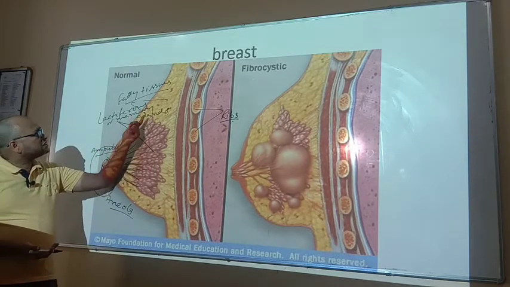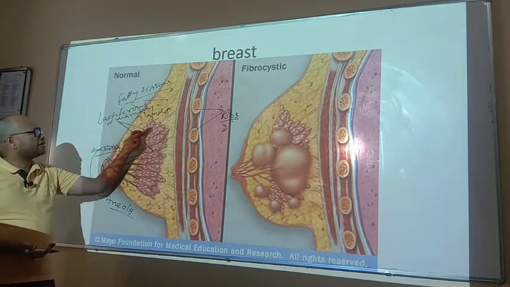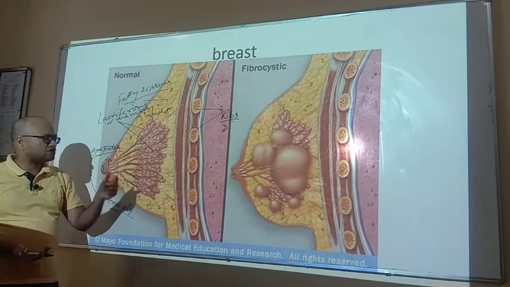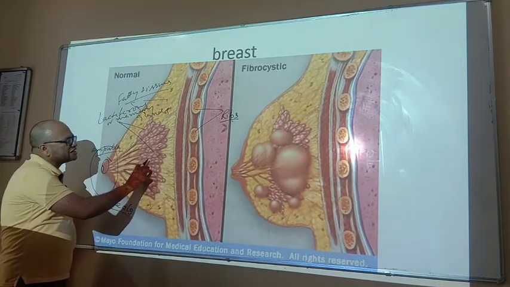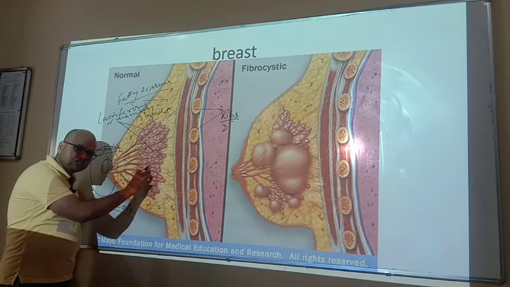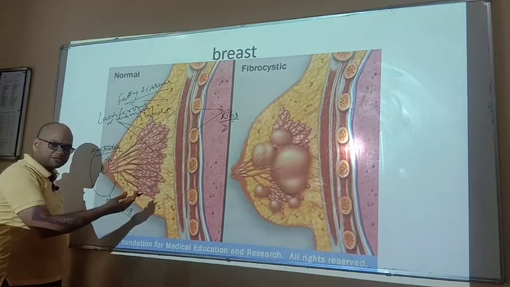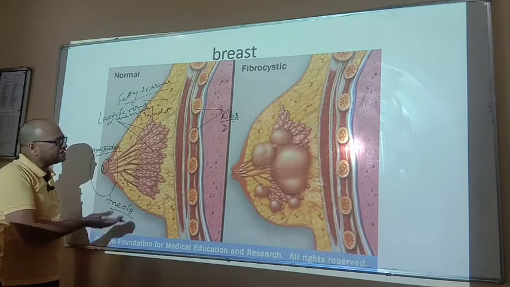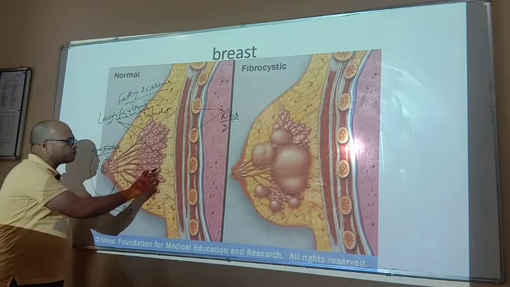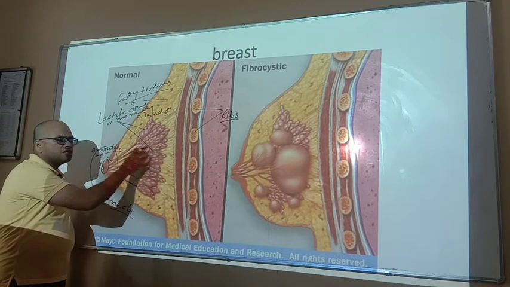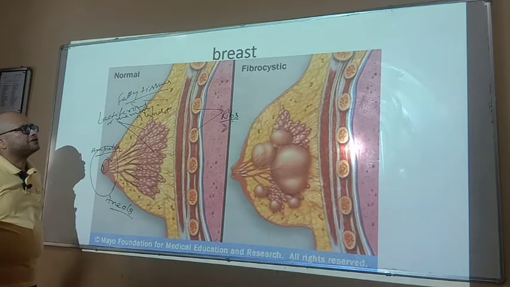In the female breast, fatty tissues are developed along with the lactiferous or mammary glands. These mammary glands produce milk. During pregnancy, they develop, and just after pregnancy they start the production of milk for the breastfeeding of the infant.